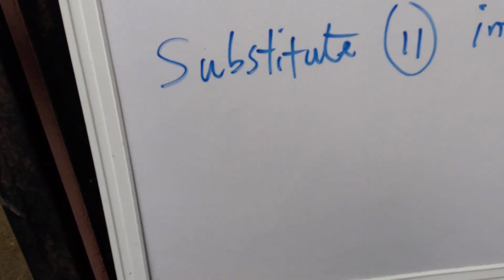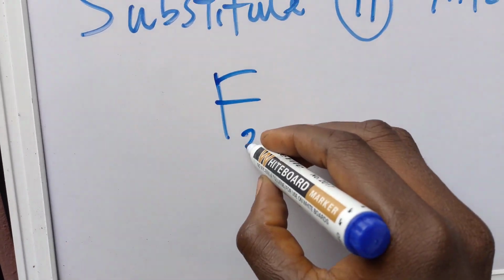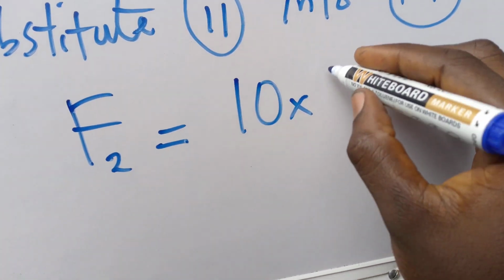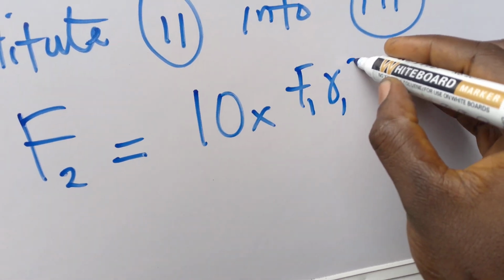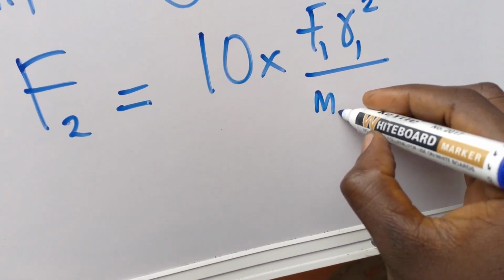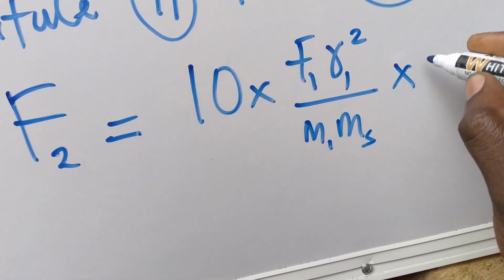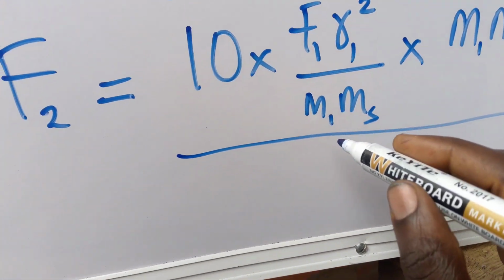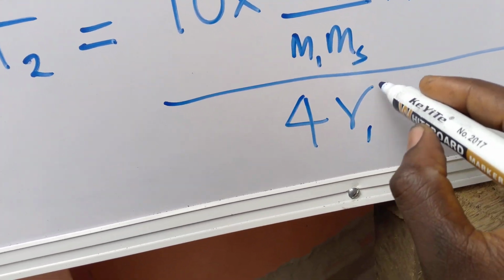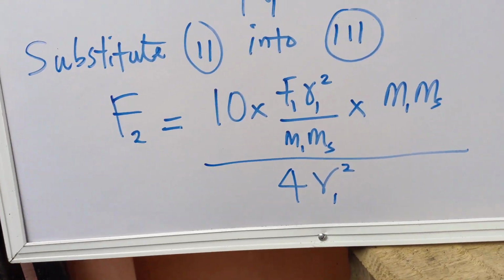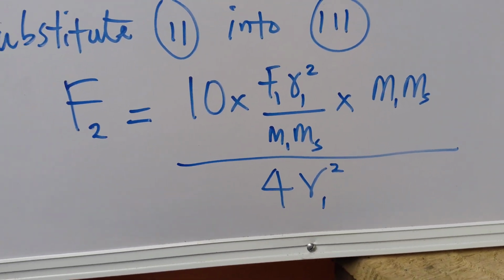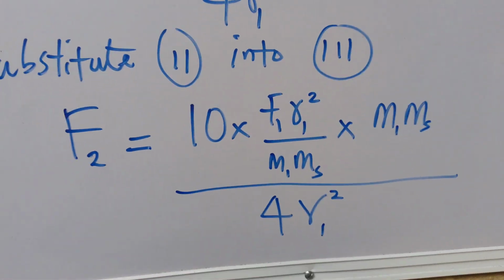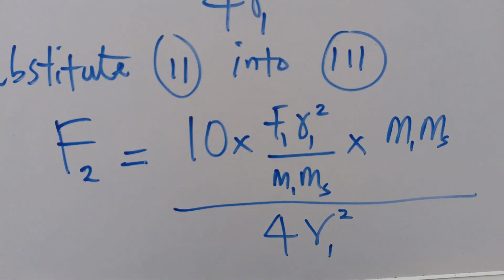So the equation changes, and I'm having F2 equal to 10 times F1 R1 square over M1 MS, times M1 MS over 4 R1 square.